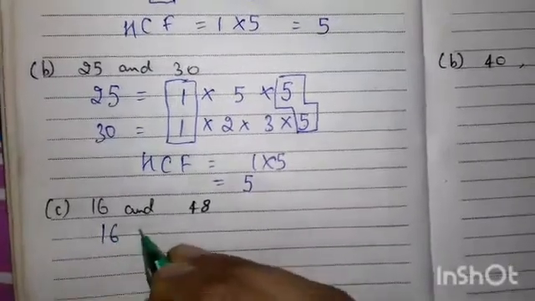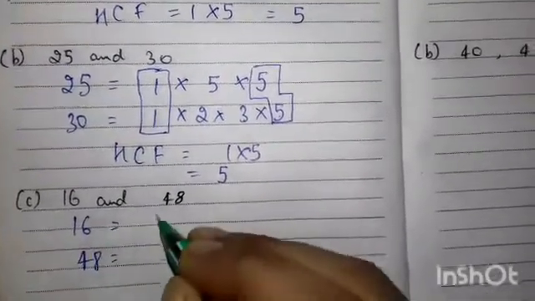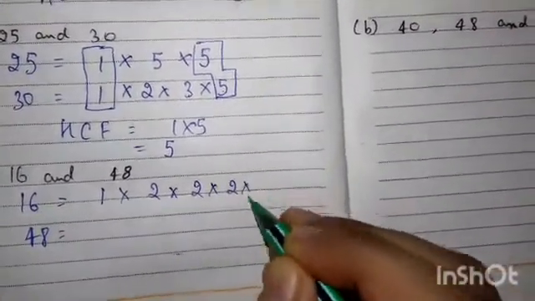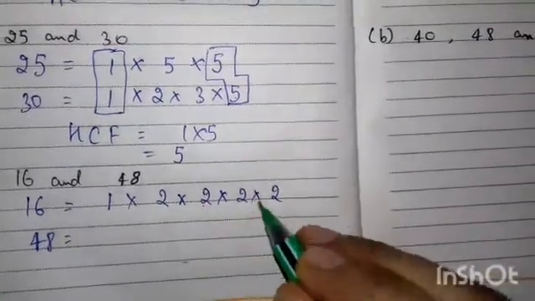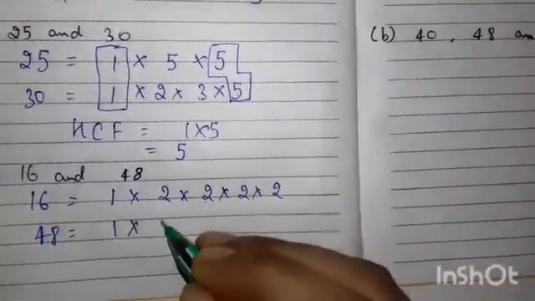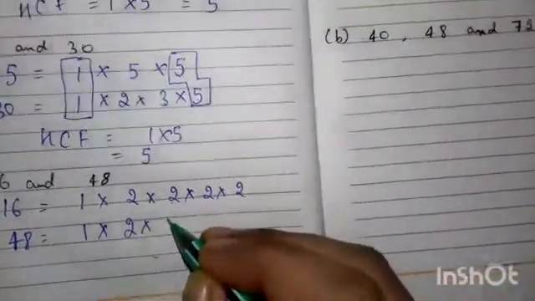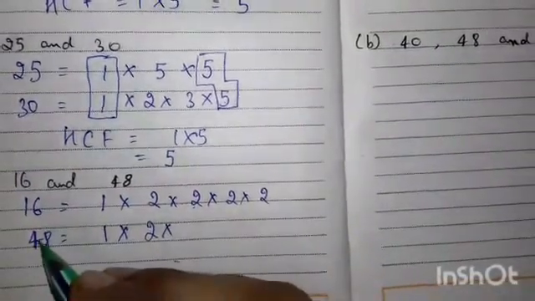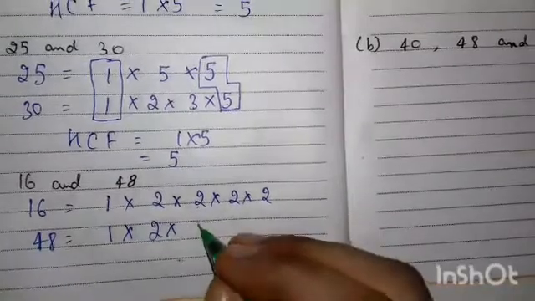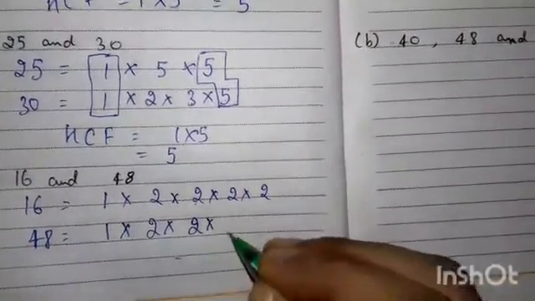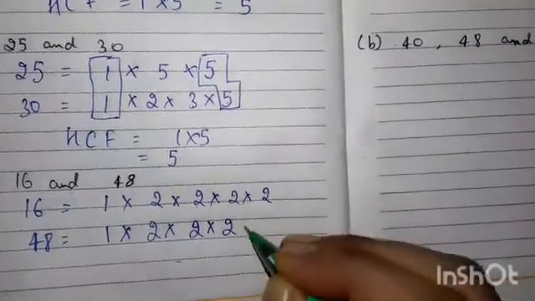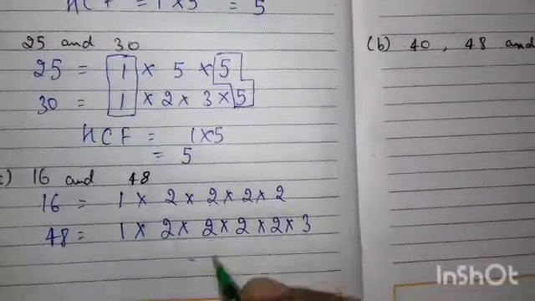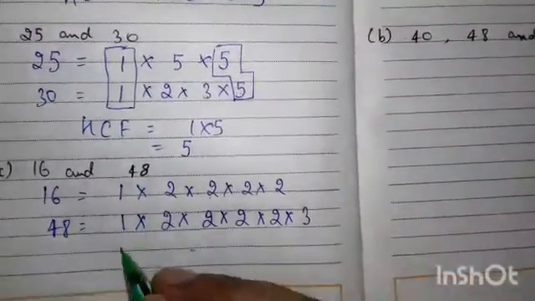Now 16 and 48. Here 16 is 1 into 2 into 2 into 2 into 2: 2 twos are 4, 4 twos are 8, 8 twos are 16. Now for 48: 1 into 2, then 2 twos are 4, 4 fours are 16, then 2, then 2, and at last 3, 16 threes are 48. So 16 is four times 2 and 48 is that into 3.